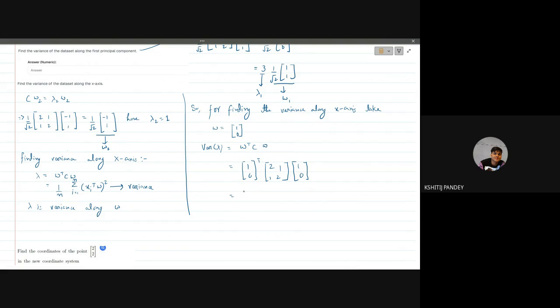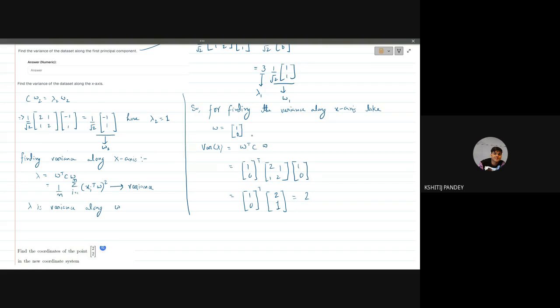This will be equal to vector 1 0 transpose multiplied with the vector, where from here you will get 2 and here you will get 1. So this is the dot product of the two, which is equal to 2. So this is your answer.